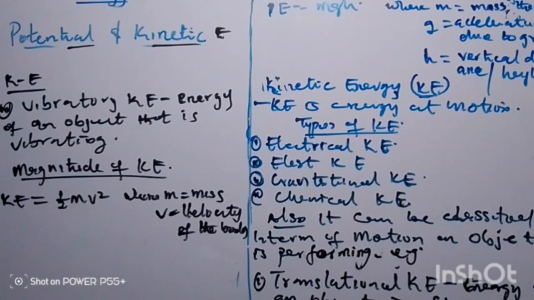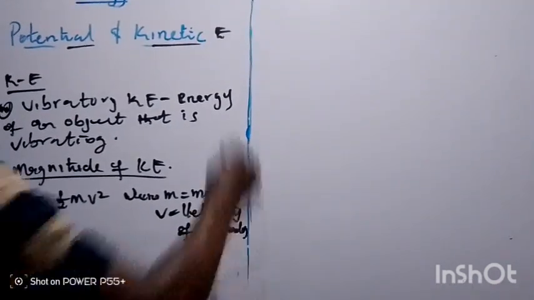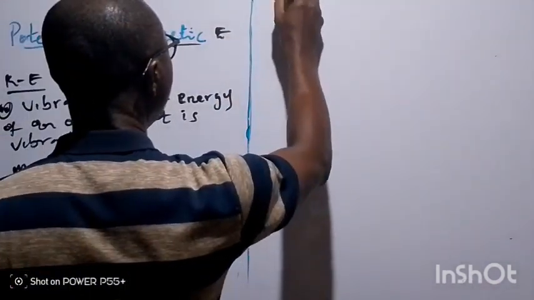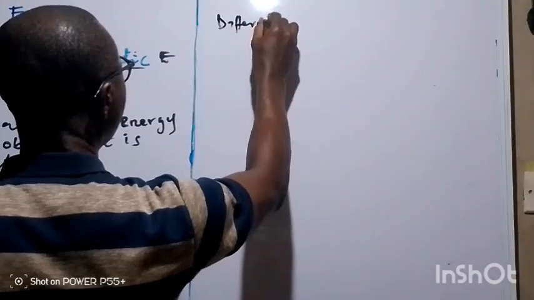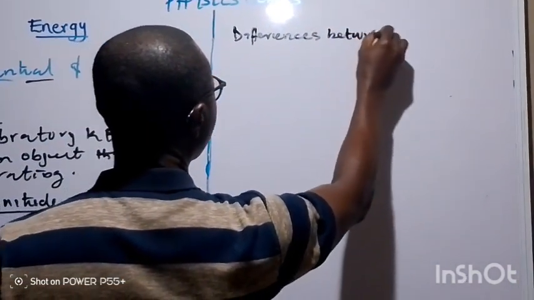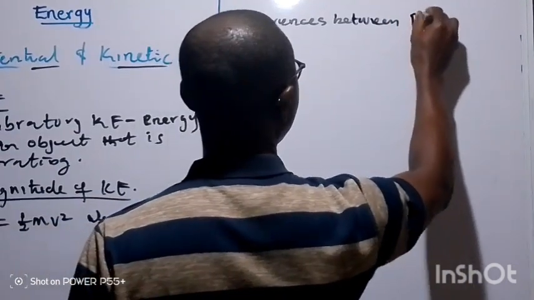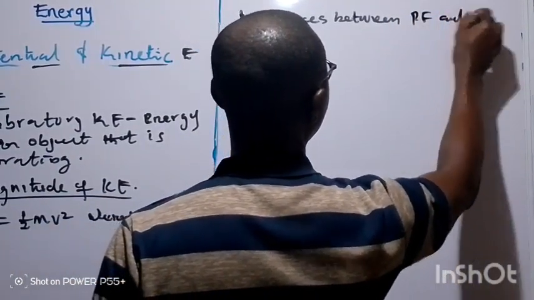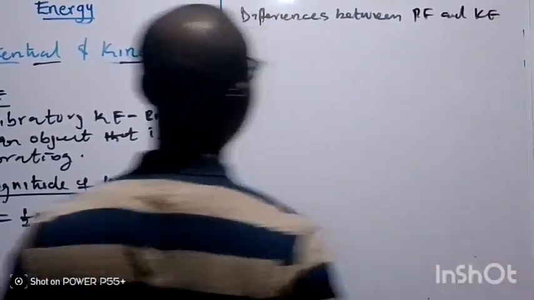Let's talk about differences between PE and KE. Let's do it in a tabular form.